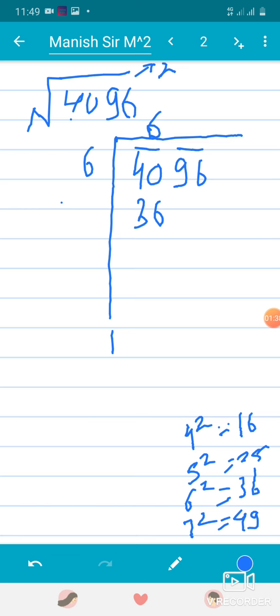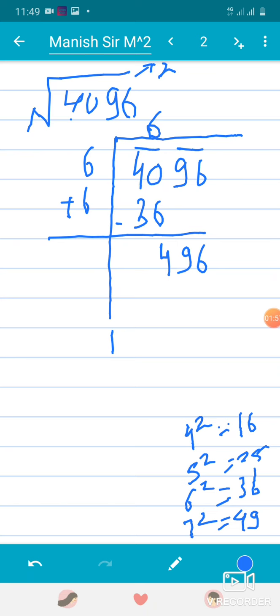We also write 6 on the left hand side. We add on the left hand side and subtract on the right hand side. 40 minus 36 becomes 4. And we bring down the whole pair with 4. Then it becomes 496.